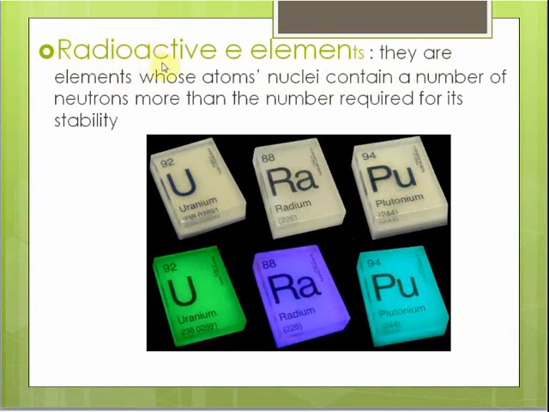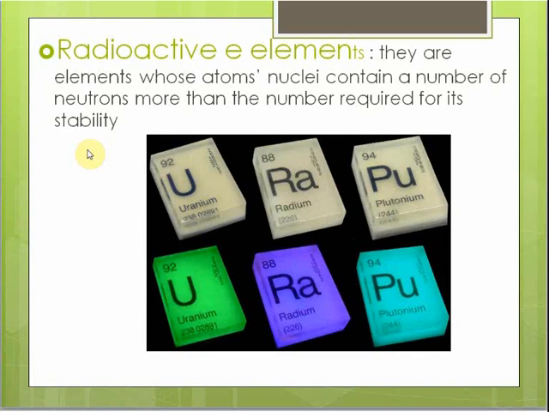So we can define the radioactive elements as the elements whose atom nuclei contain a number of neutrons more than the number required for their stability. Now we can conclude that the stability of the radioactive elements depends on the number of neutrons.